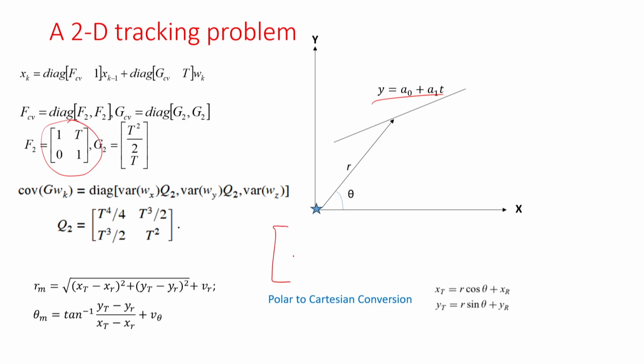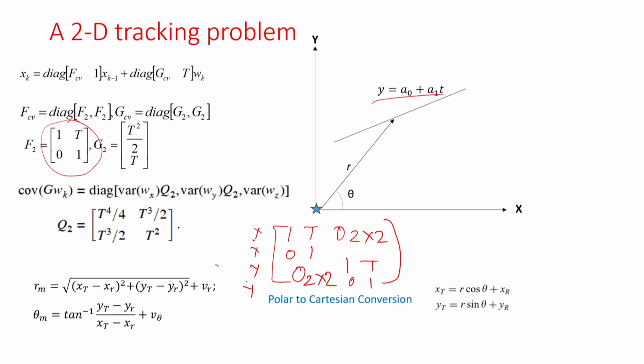So your final state transition matrix will be [1 t; 0 1] for x, x dot and y, y dot. The x and y motion I have assumed to be uncorrelated, with 0 2 cross 2 matrices. So, this is going to be your state transition matrix.